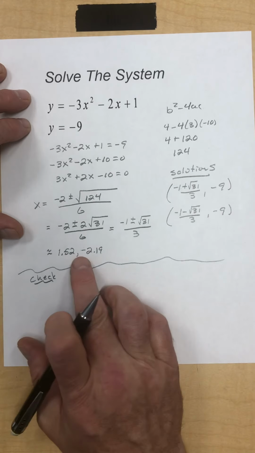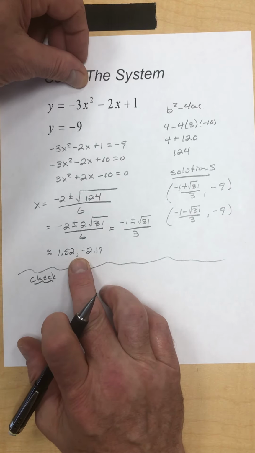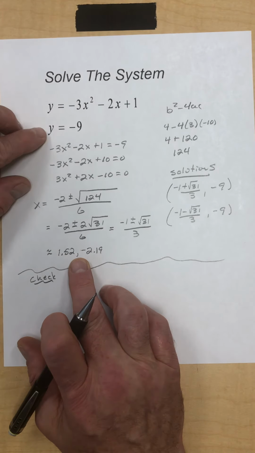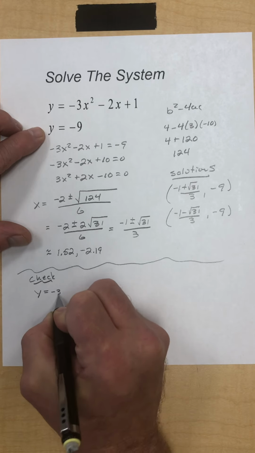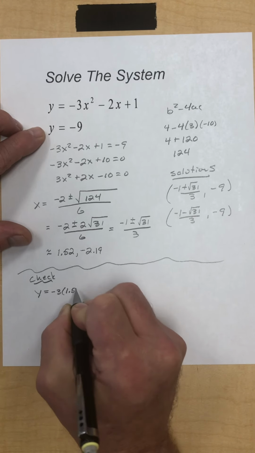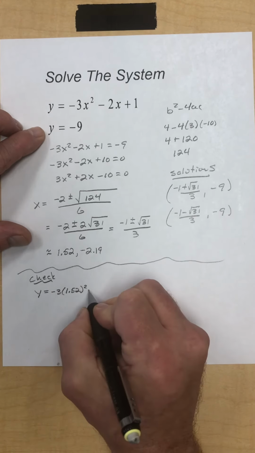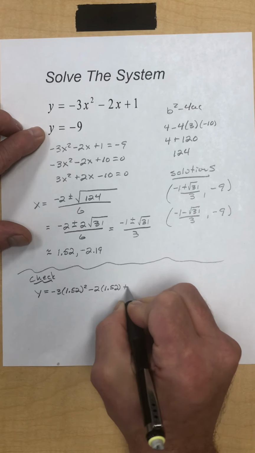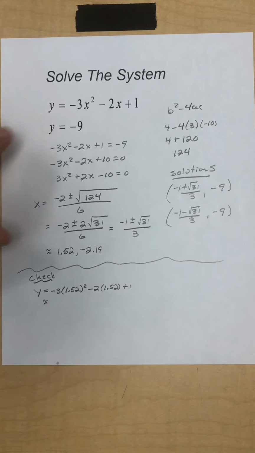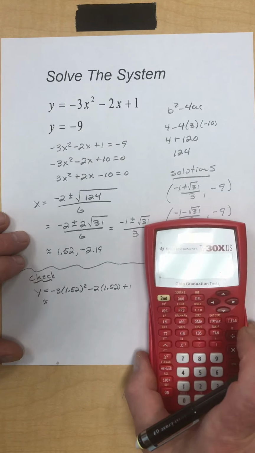Okay, and so if I substitute these into the first equation, let's see if I get something real close to negative 9. So y equals negative 3 times 1.52 squared minus 2 times 1.52 plus 1. And if it comes out real close to negative 9, I should feel good about that one.